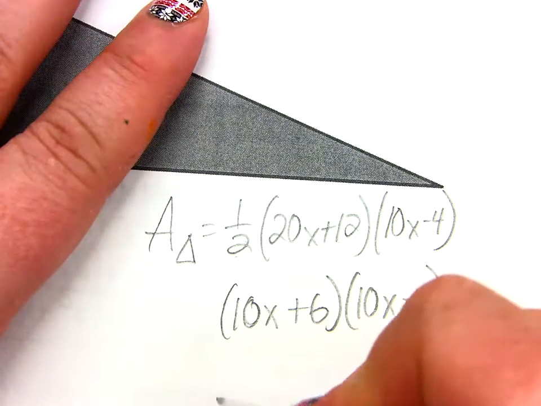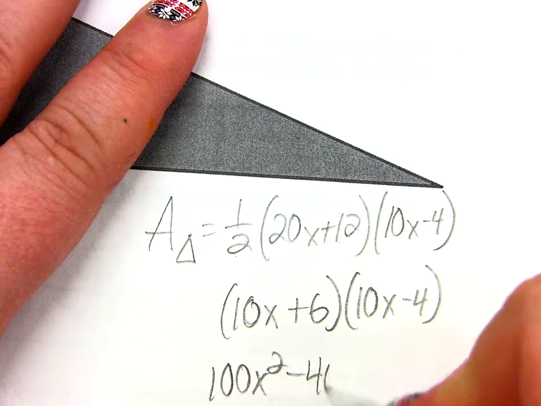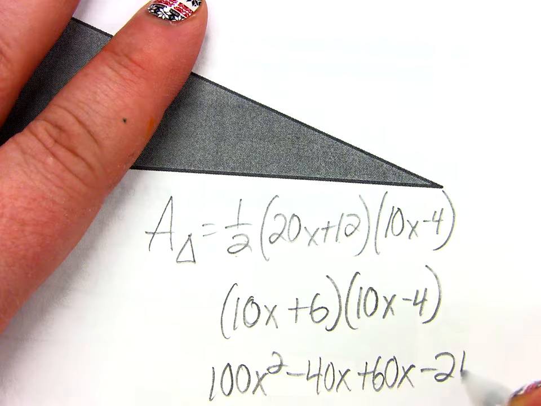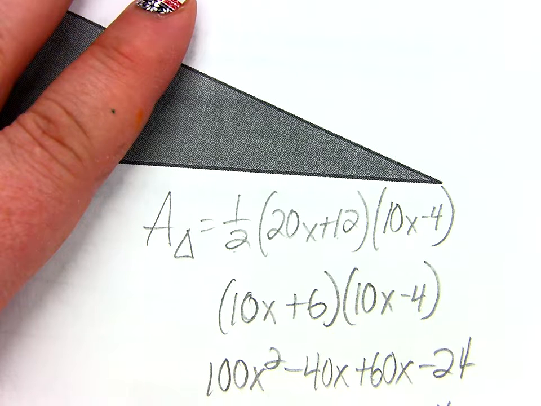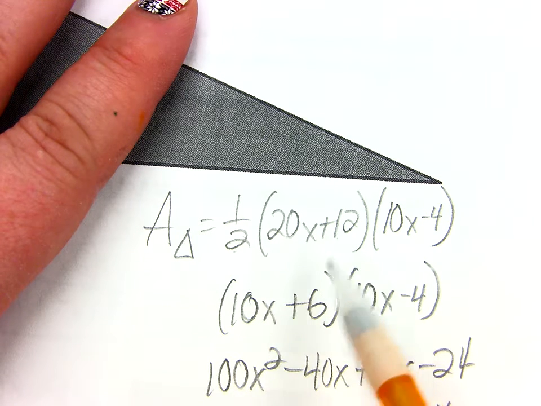So let's do that. First, outside, inside, last. Wait, why do you have 2 times 10? Half of 10 is 5. I did half of this one. Can't you do half of both?